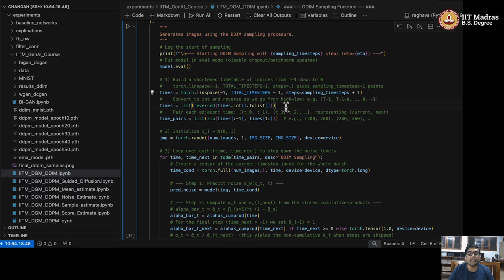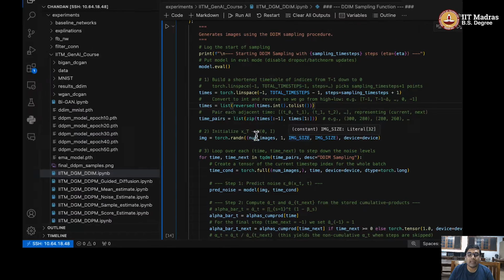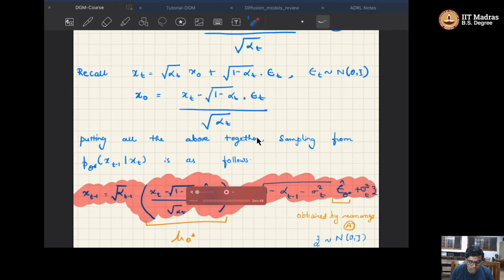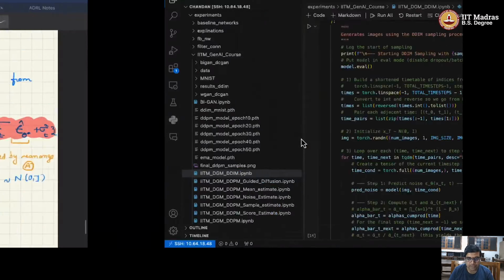Then you are putting them in reverse order and converting into a list, and finally you are taking the adjacent timestamps like T0, T1, T1, T2 like this, which represent current and next. Because at any given point of time, we will be needing the next time step as well as the current time step. We will be needing them in pairs, as per the need of the equation.